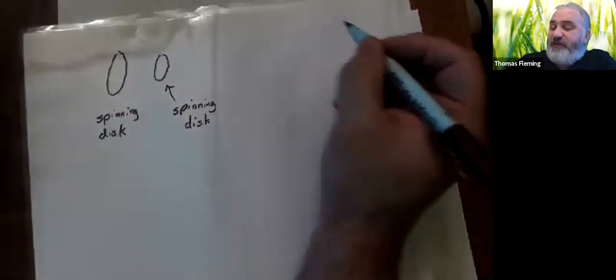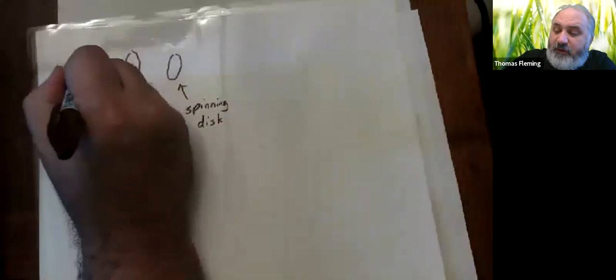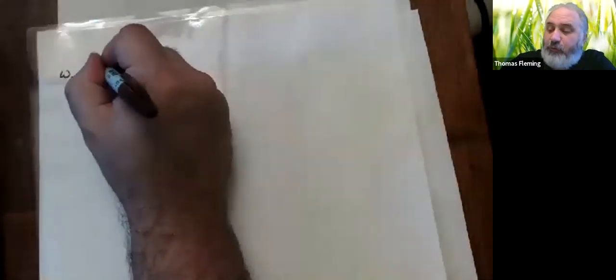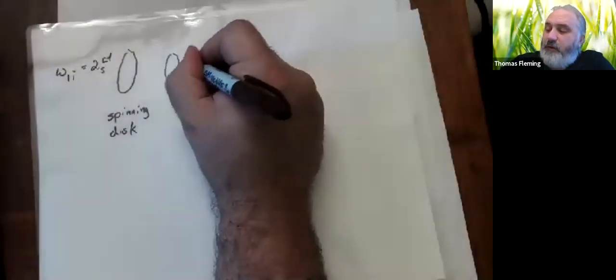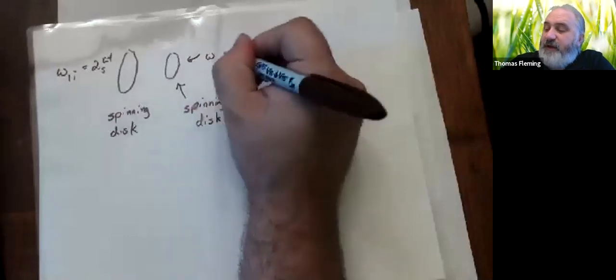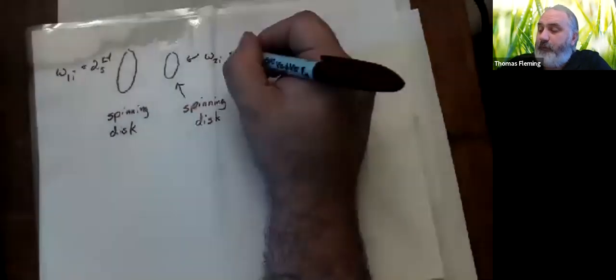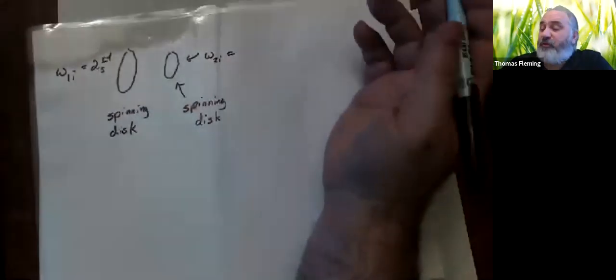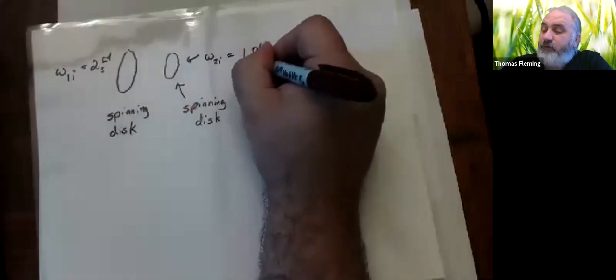So let's imagine that the left disk has an angular velocity, I'm going to call that omega 1 initial, of, let's say, 2 radians per second. But this guy over here, he's got an initial angular velocity, omega 2 initial, of something smaller. Let's go with 1 radian per second.